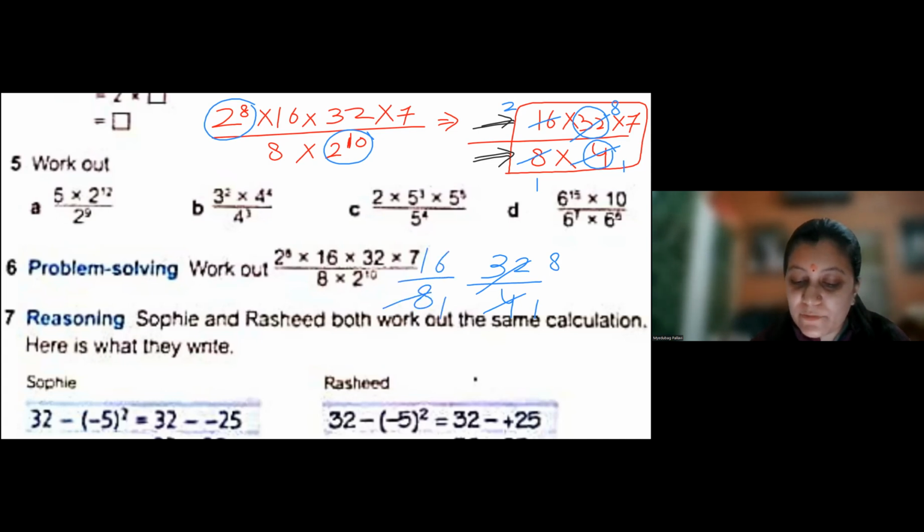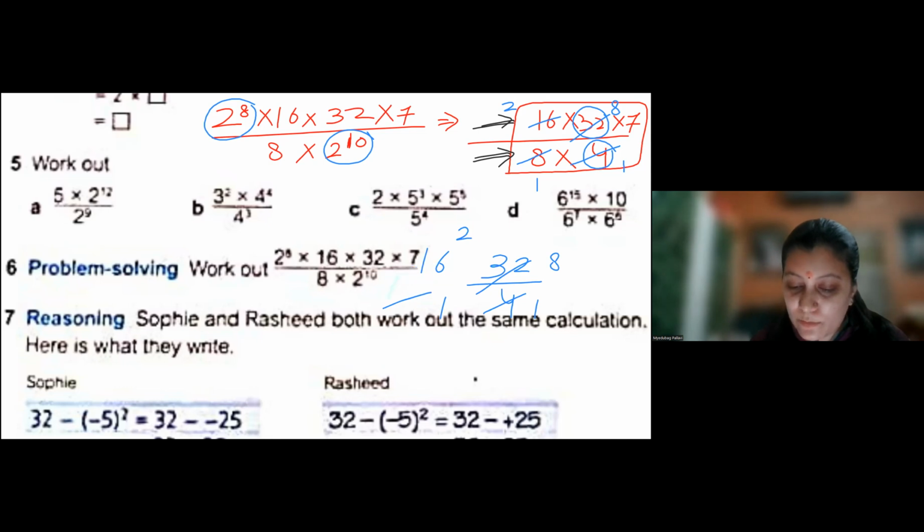We simplified it, 8 ones are 8, 8 twos are 16. Rather than solving numerator separately and denominator separately, that will also give us the same answer, but it will be a lengthier process. That calculation will take time. If you multiply 16 with 32 and then with 7 and divide it with 8 into 4, that is 32, obviously it is going to take more time. So we can just simplify it.